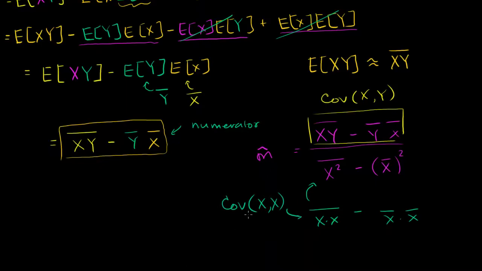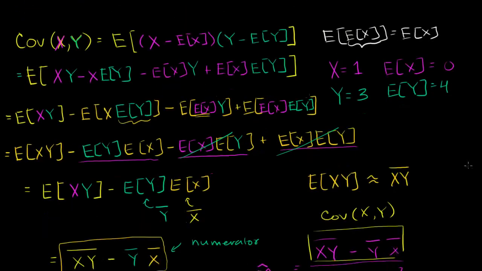But we've actually already seen this many videos ago: the covariance of a random variable with itself is really just the variance of that random variable. You could verify it for yourself. If you change this y to an x, this becomes the expected value of x minus the expected value of x, squared. That's your definition of variance.